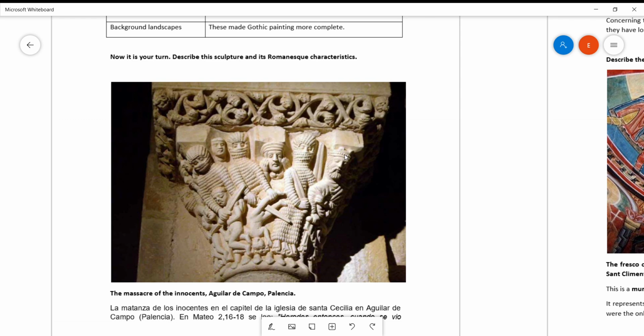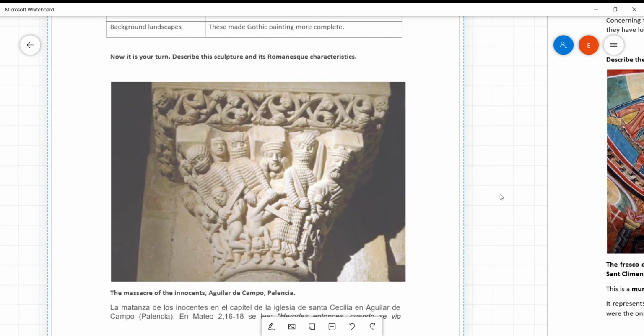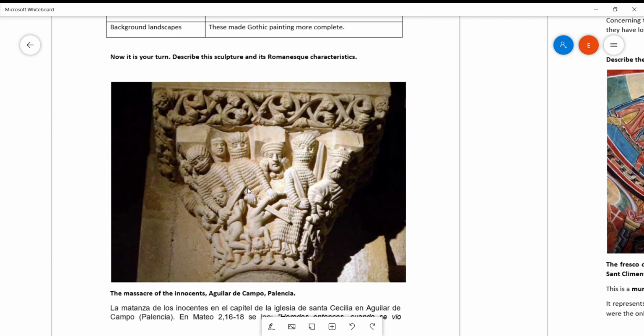Here we have a character we can recognize because of the crown. He would be Herod, okay? But they are representing a pattern rather than nature, or reality.